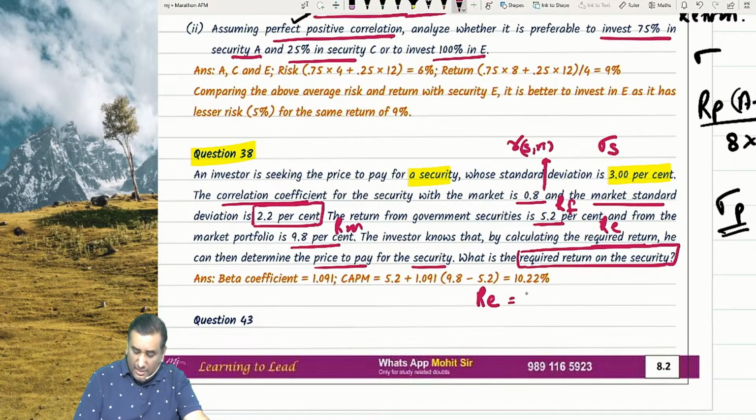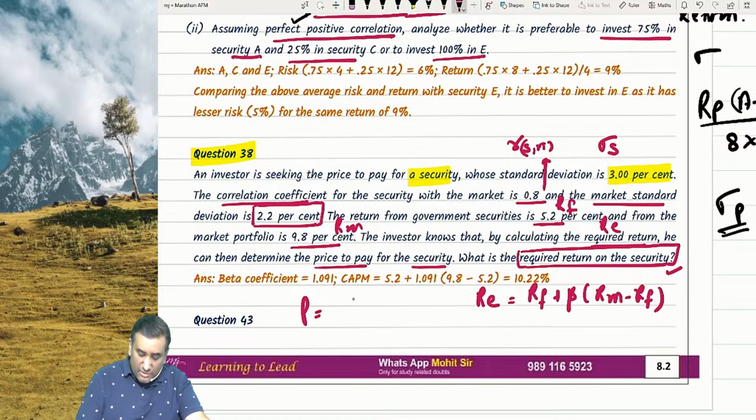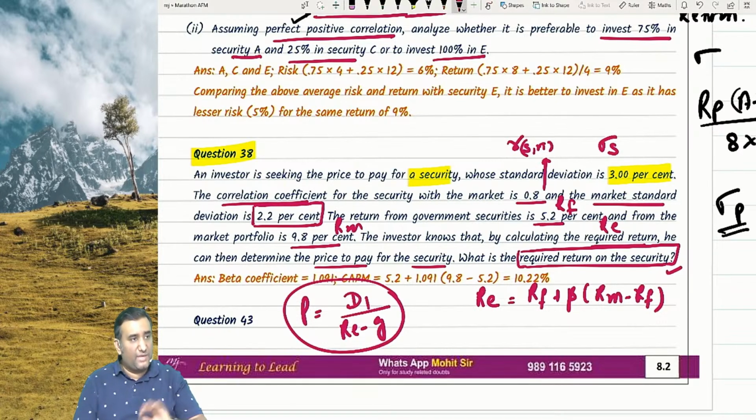So my RE would be here RF plus, basically what he wants from us is to calculate the RE, and then he wants us to calculate the price of a security. Actually, price of a security, if you go back to the security valuation chapter, the formula used to be D1 divided by RE minus G, or KE minus G. So he is not asking, he is giving a hint of that.